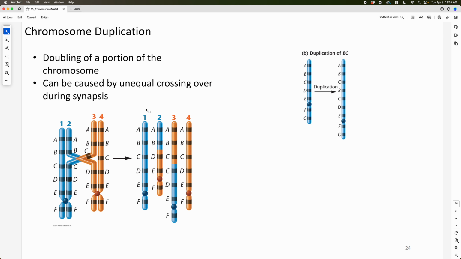And so if we think about how these different chromatids could make their way into the gametes, you can start to see how this duplication event could lead to an individual that receives chromatid 3 having too much of gene C, and individuals that receive chromatid 2 having a deletion event, essentially. They'd potentially not have enough of the C gene product produced.